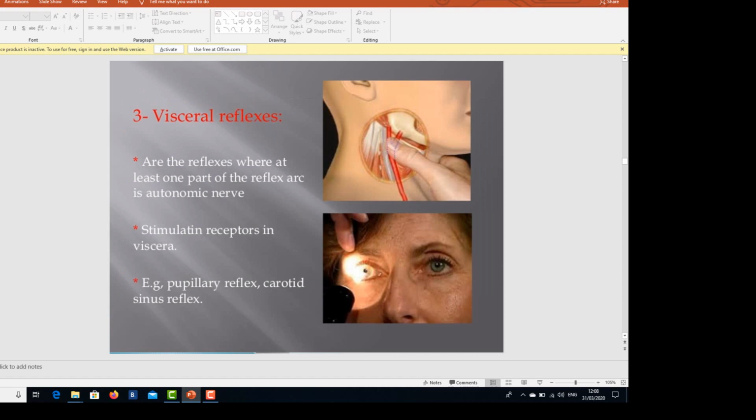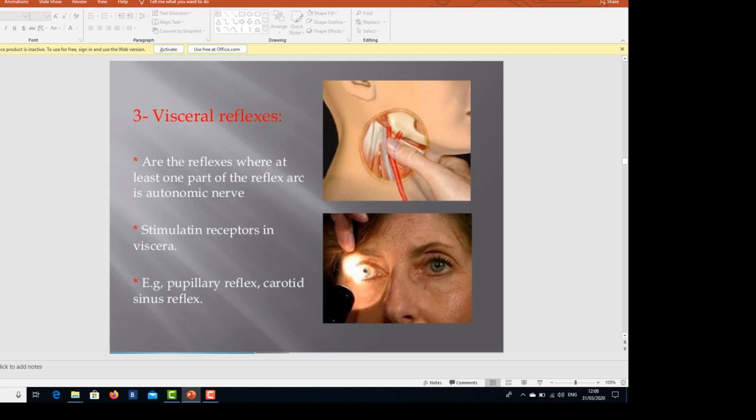Then there are visceral reflexes. These are reflexes where at least one part of the reflex arc is an autonomic nerve. So remember, in visceral reflexes, one part of the reflex arc is always an autonomic nerve.